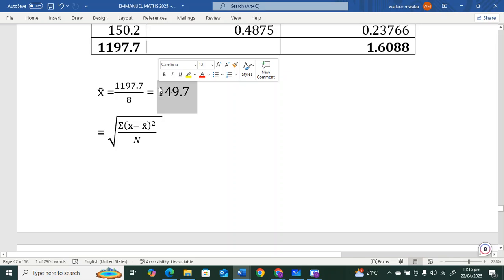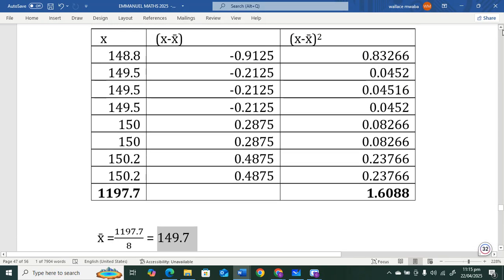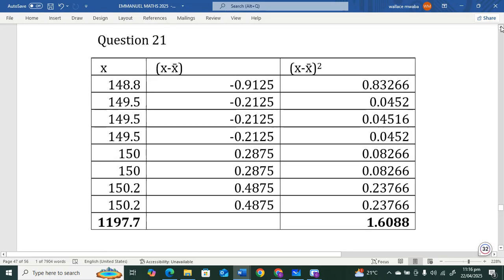Are we all getting this, colleagues? So you're answering for everyone. Maybe the others who haven't got. Wonderful. Now we get the standard deviation.